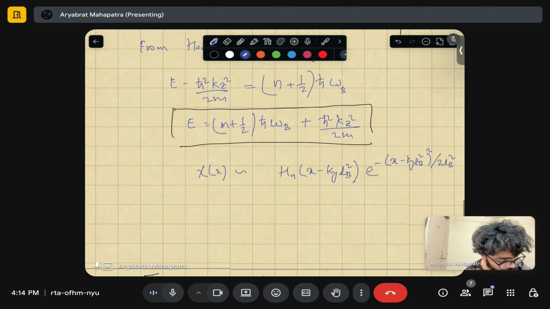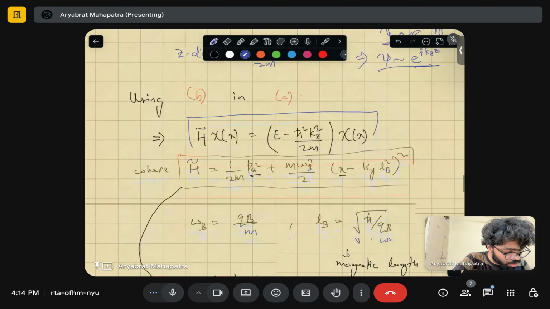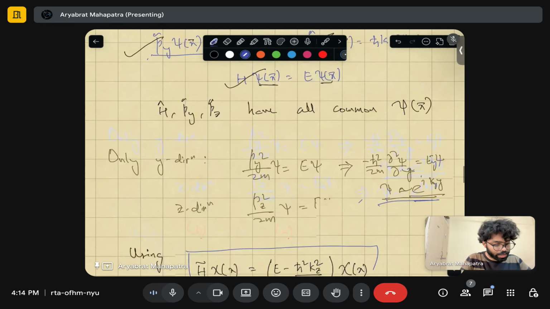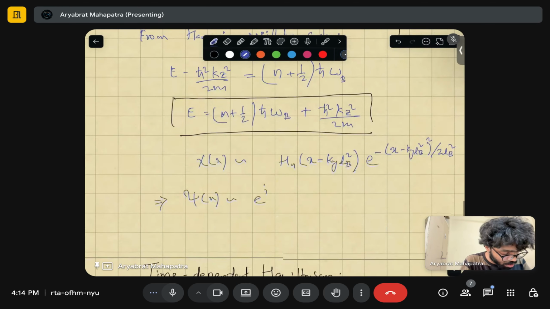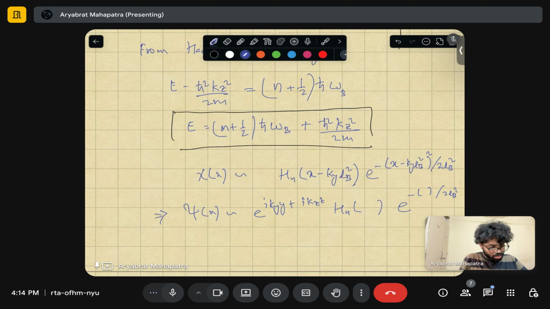So this is what chi should be, and therefore your psi, which was given as something exponential, this implies your psi will be e to the i k_y y plus i k_z z, which we defined at the beginning here, then chi, then H_n and exponential.